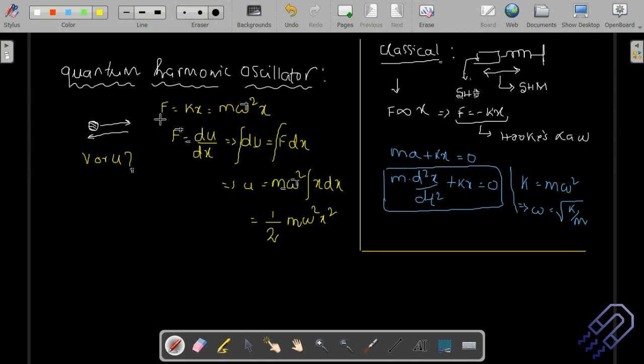Now, as it's a quantum mechanical particle, we cannot use the classical picture, and we have to use the time independent Schrodinger equation.